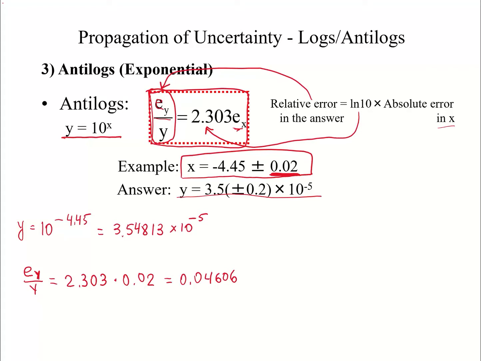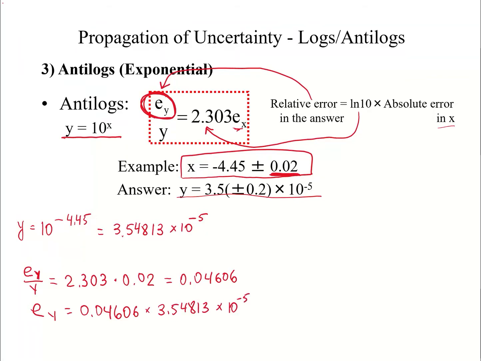To find that, I just need to multiply this value, 0.04606, by the value of y, which I calculated as 3.54813 times 10 to the negative fifth. Now I get the following value for the absolute error in y, 0.1634, which has more significant digits here, times 10 to the negative fifth.